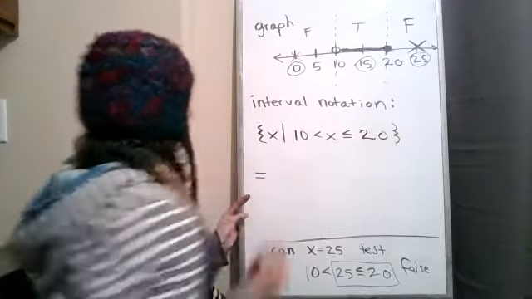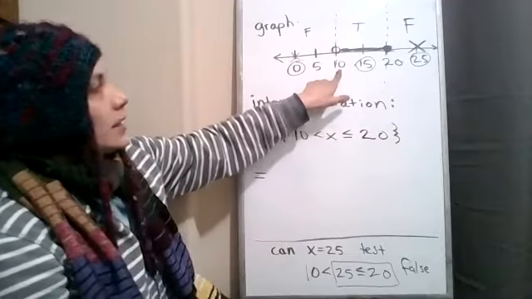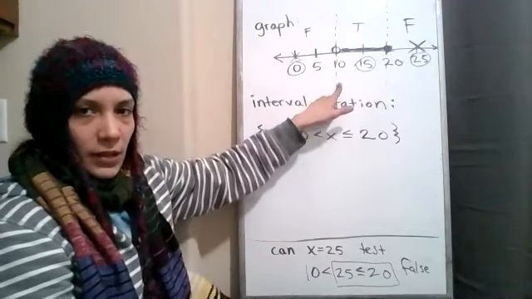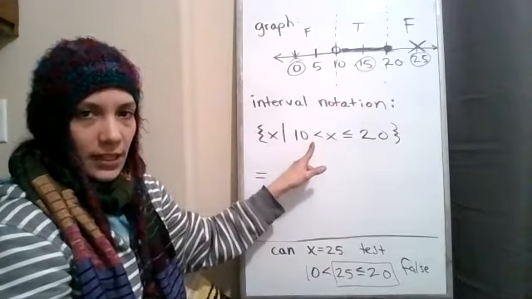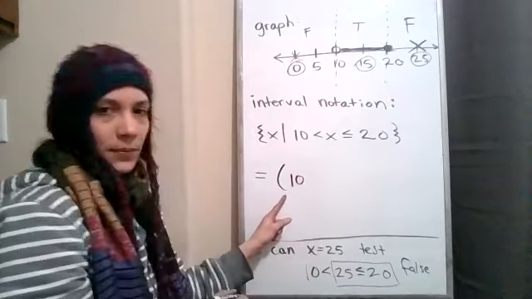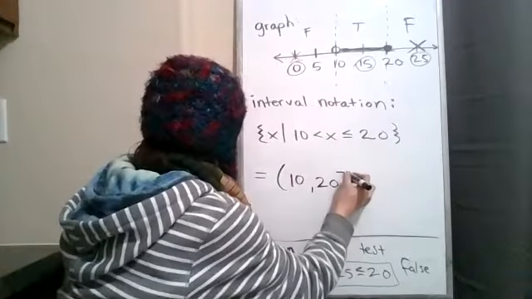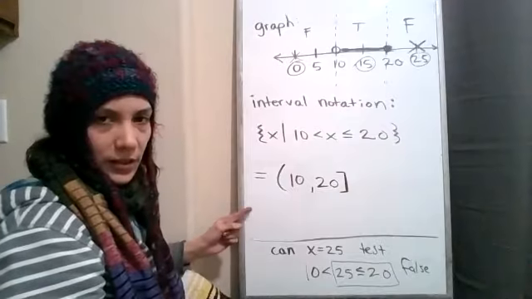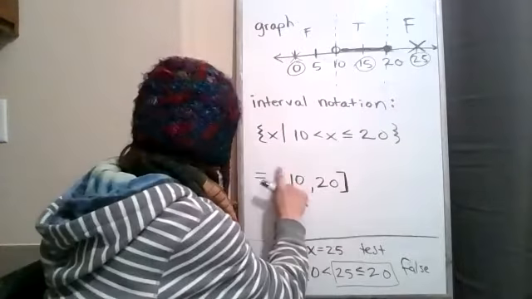And we write it as the set that goes from 10 to 20, not including 10, so a parenthesis. You do include 20, or solid dot. 20 is in the set, so use a square bracket. And that would be your answer.